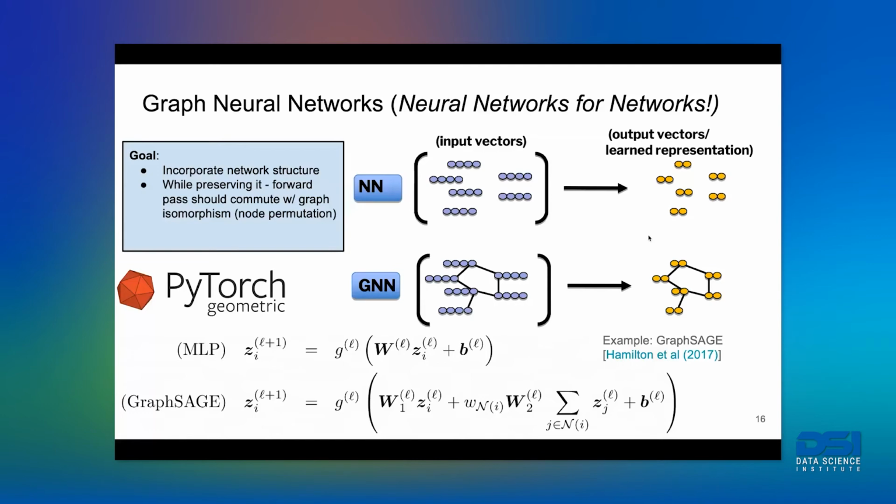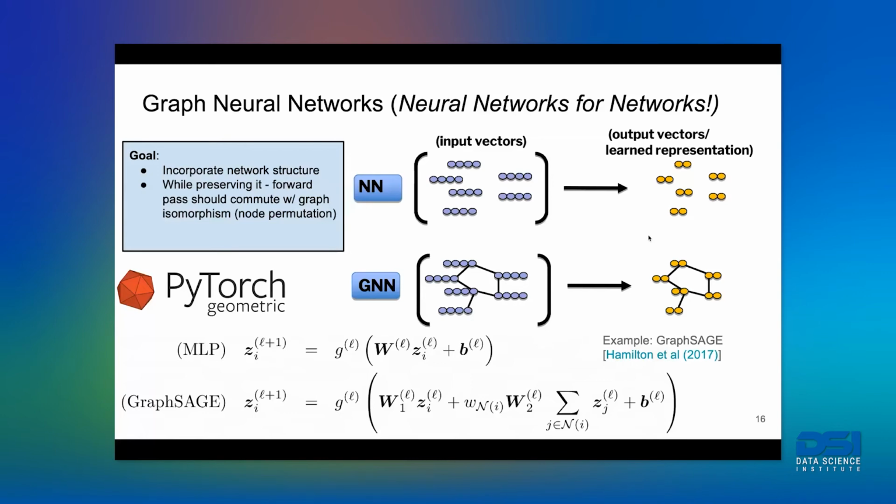And the only difference between these two layer relations is that this middle term here, where you're summing up the embedding vectors of all the neighboring nodes. So if you want to compute the vector for node i, you look at the vectors for the neighboring nodes, which are j's, and you add them all up. Then that thing has a new weight matrix applied to it and a possible weighting term, which is this w with a subscript. And then you add that into the activation function. And so that's one very simple way of incorporating this graph structure.